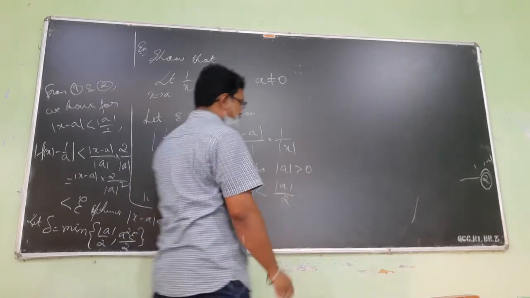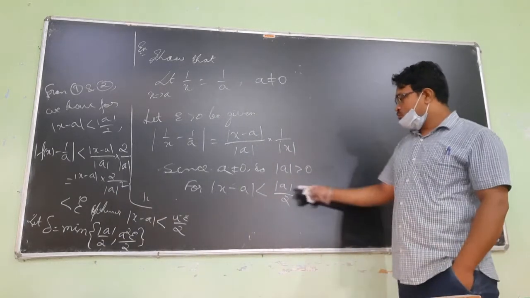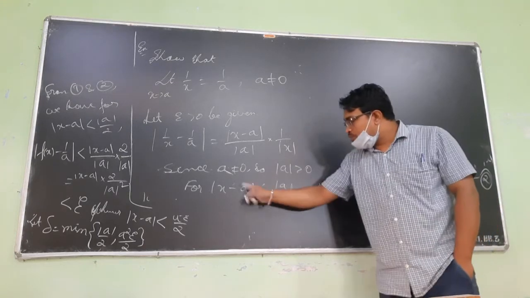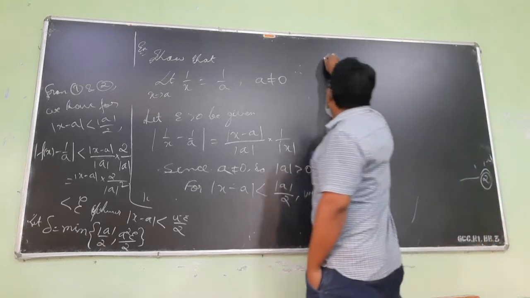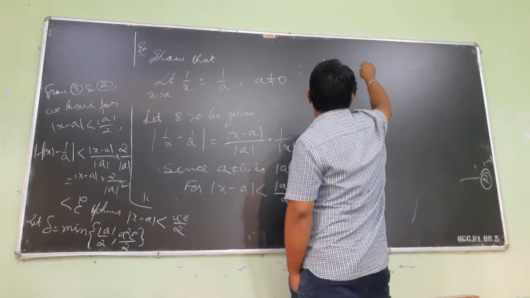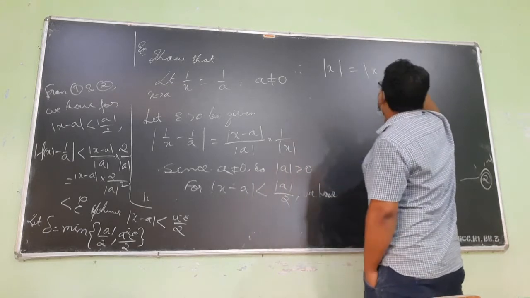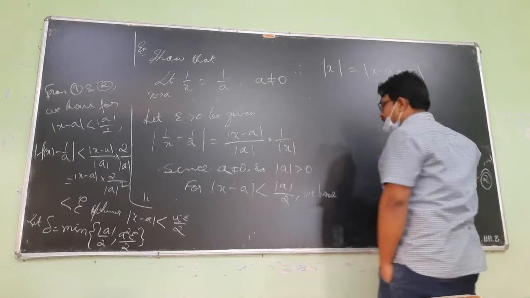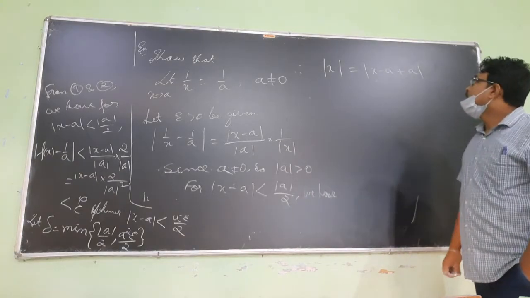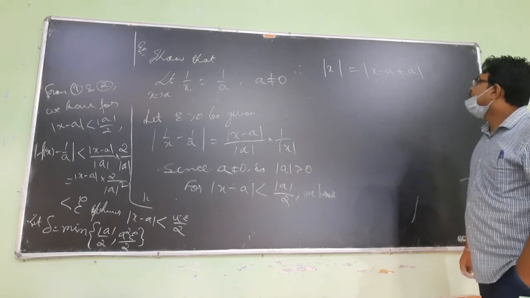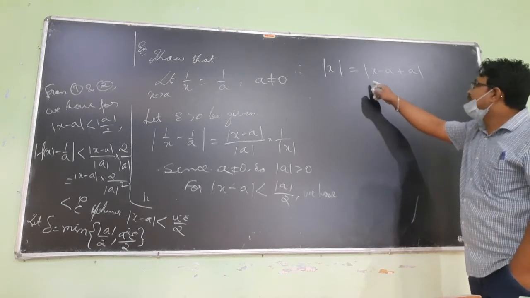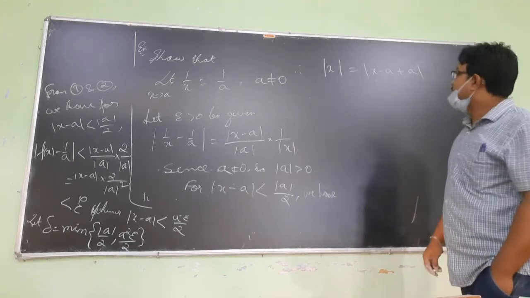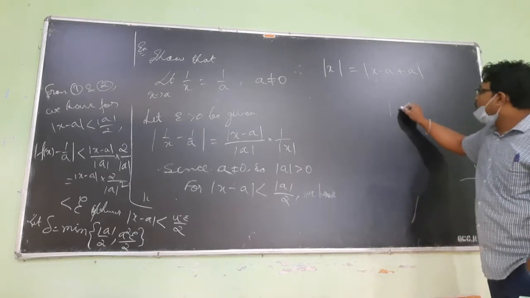So we are considering a neighborhood of radius mod a by 2. Okay, it's simple. We can just work with mod. Mod of x can be written as mod of x minus a plus a. So from here itself we can simplify. I want to find a bound for mod x.